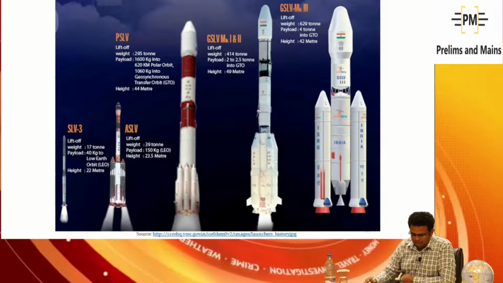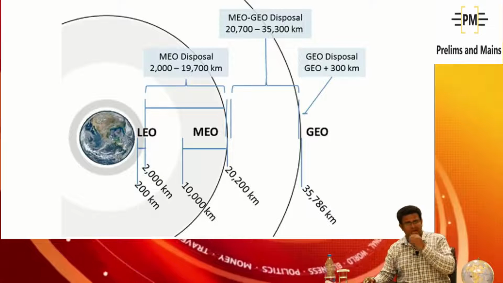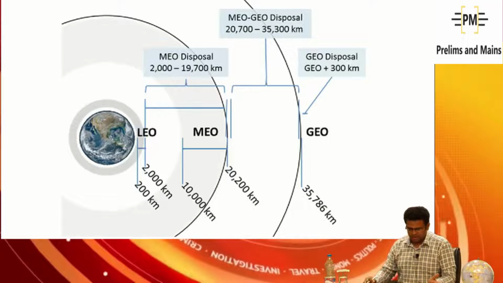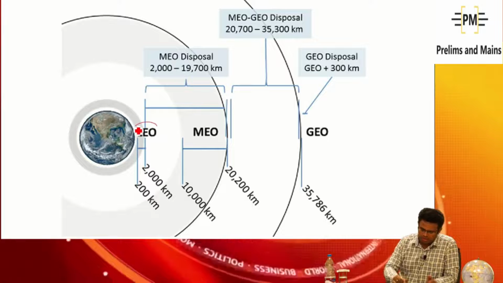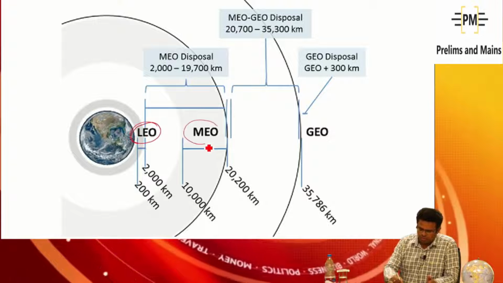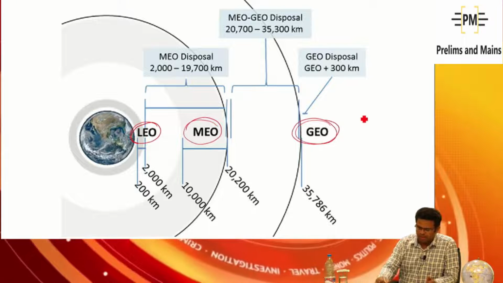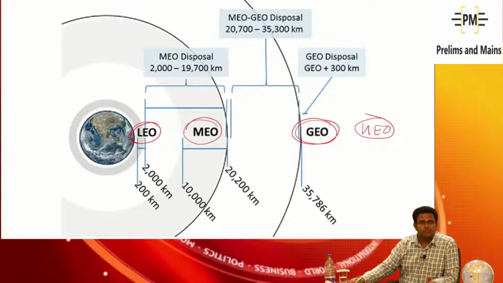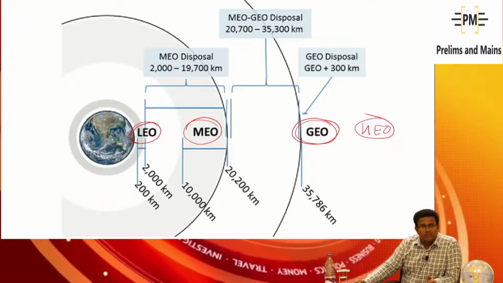So space technology is there, and we'll have to see the types of orbit. There are the major orbits: LEO, MEO, and GEO, and above there is also one, HEO. These are the different types of orbit.